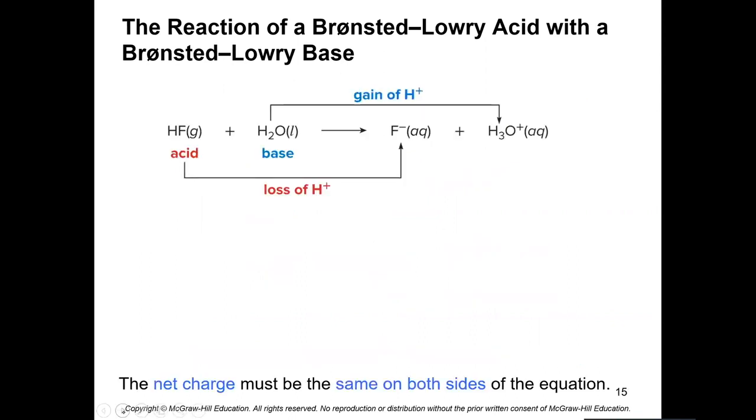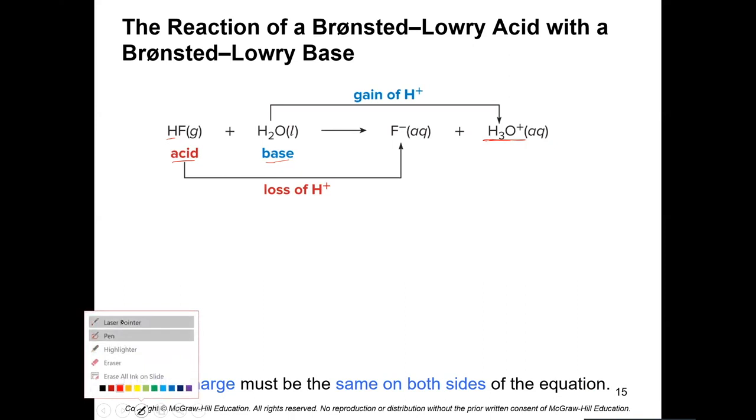Now, this is the same reaction we saw in the previous slides, where HF is reacting with water, and we classified it as an acid because it has this hydrogen, and the water was the base because it accepted a hydrogen. But now what I want you to notice is that on the left-hand side, we have a net charge of 0.